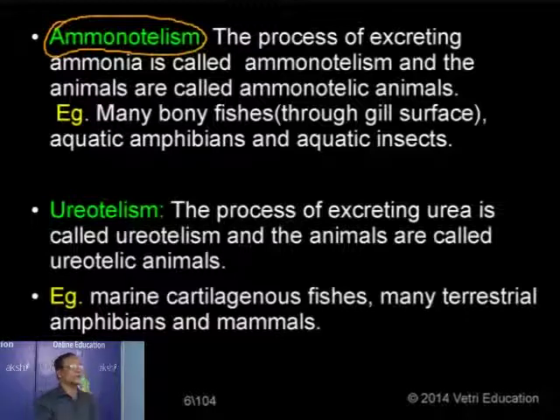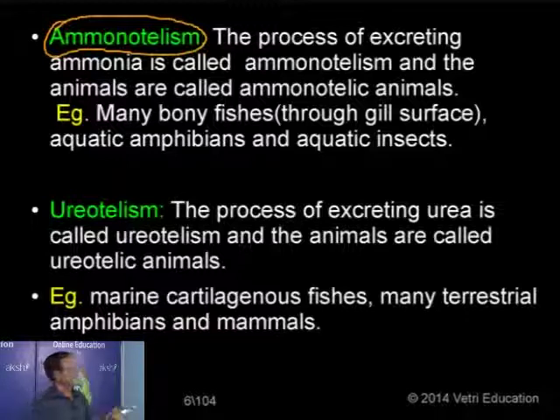Even the aquatic mammalian forms like whales, dolphins, sea cows, manatees, dugongs, and walruses, though they are living in water, never excrete ammonia. They excrete only urea. So the general rule is that animals living in water excrete ammonia, but there are exceptions.